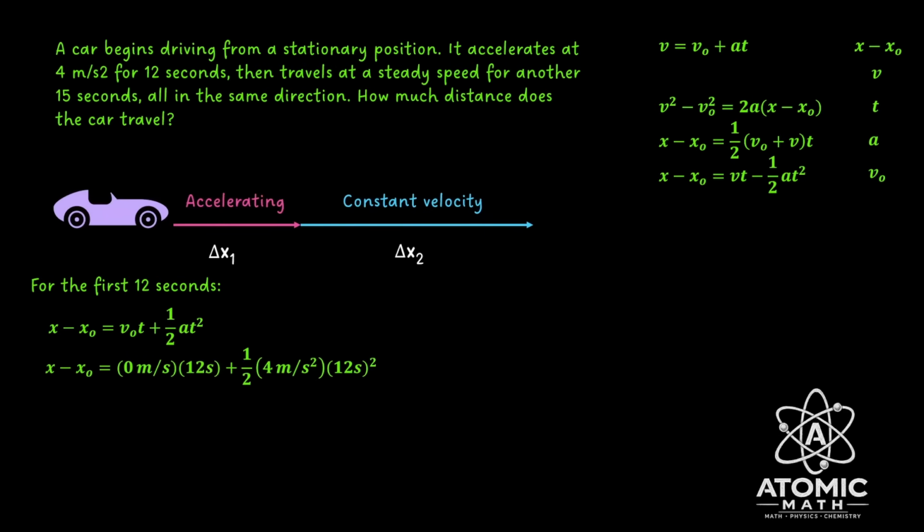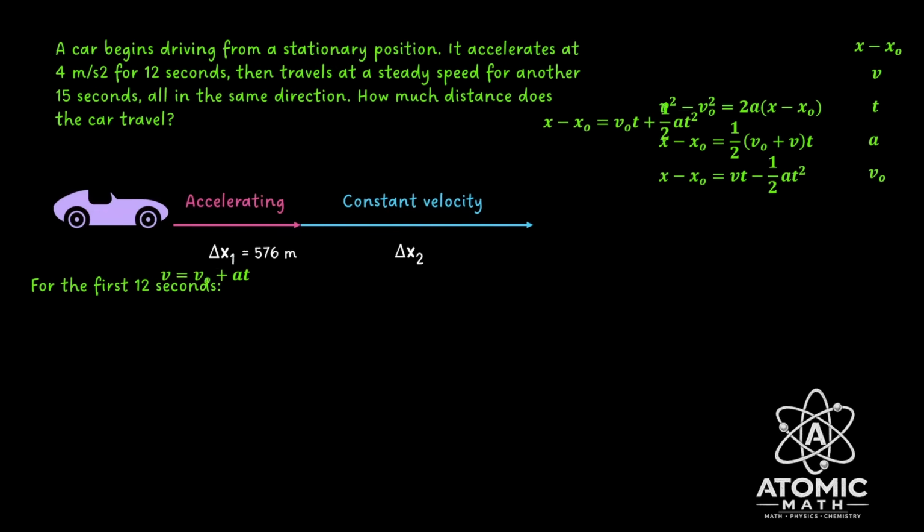Now, of course, our initial velocity is 0, so that first term is just going to disappear. So we're really just going to have 1/2 times 4 meters per second squared times 12 squared. So our initial distance during that acceleration is going to be 576 meters. So our x1 will be 576 meters.